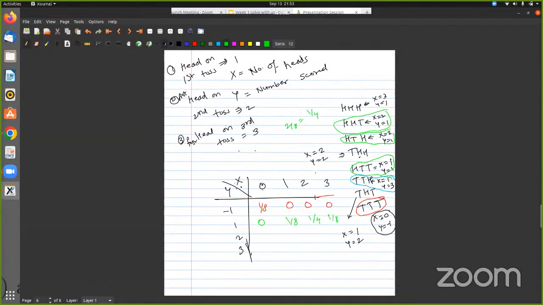What is the probability that x equals to 0 and y equals to 2? 0, right? Because there is no such condition there. What is the probability that x equals to 1 and y equals to 2? 1 by 8.